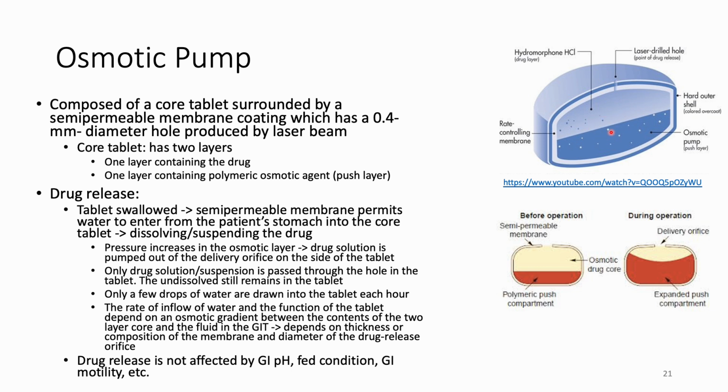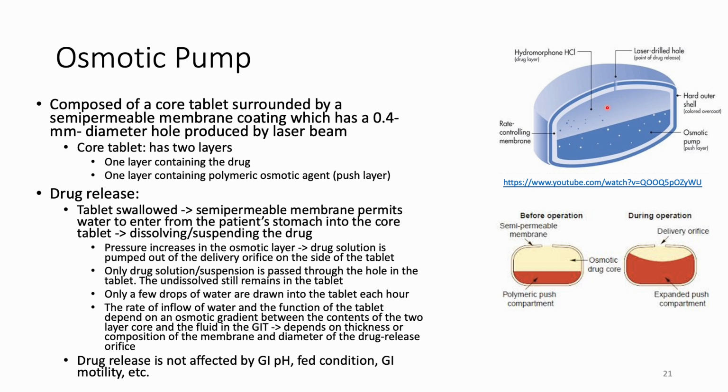And when the pressure increases, what happens? The large pressure will pump the drug solution in the core out of the tablet through the hole. The hole is also called the orifice.